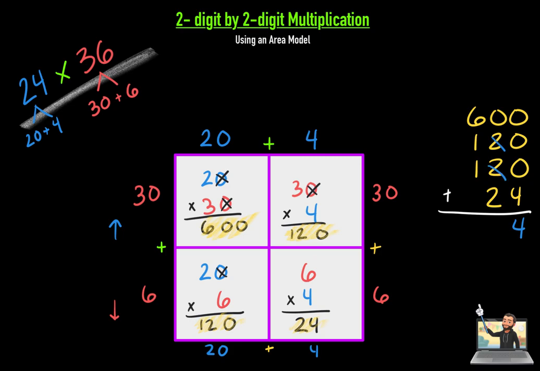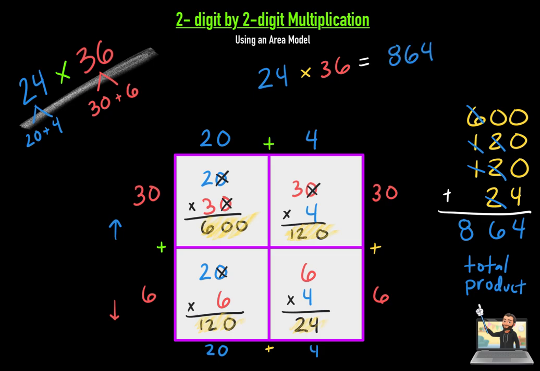I'm going to have 2, 4, 6 in the tens place. 6, 7, 8. 864 is my total product, meaning my final answer for a multiplication equation. That means, if we're looking back at where we started, 24 times 36 is ultimately going to equal the total product of 864.